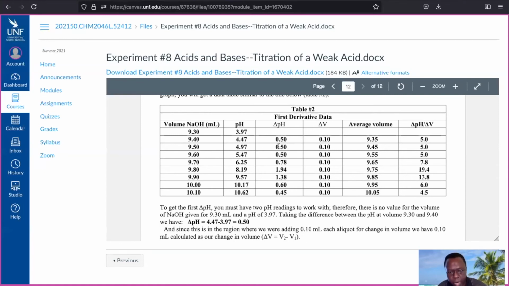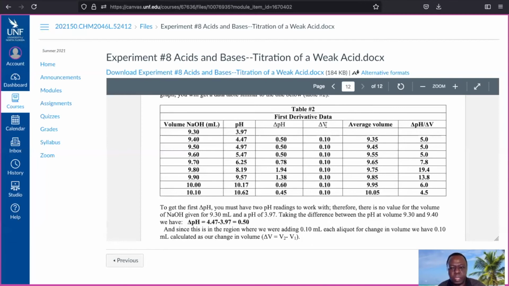Every time you go across, you're subtracting the previous value from the previous row. 4.97 minus 4.47 is 0.05. If you look across here, this is 5.47 minus 4.97. This is how you generate change in pH. 10.62 minus 10.17, you cannot get that. That's how you get the change in pH.